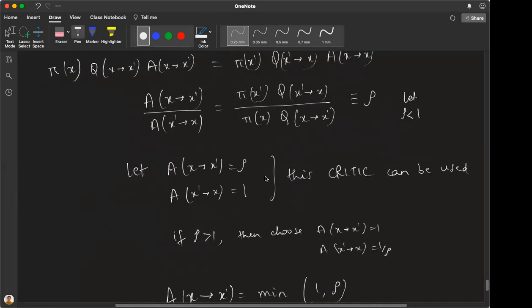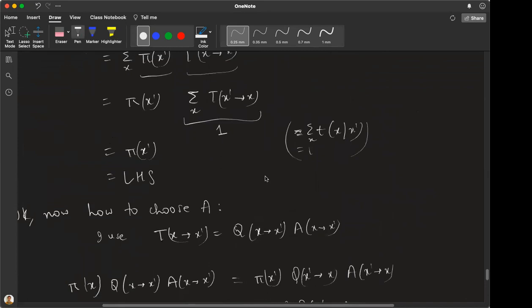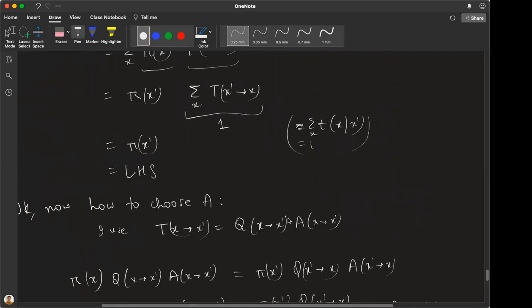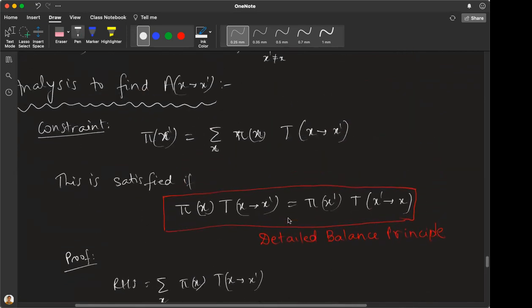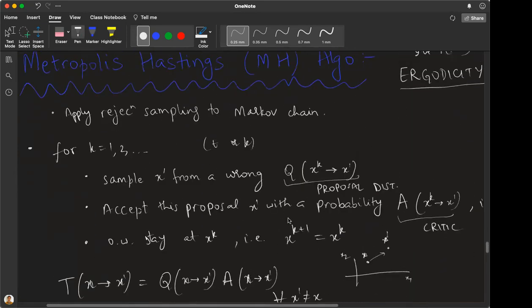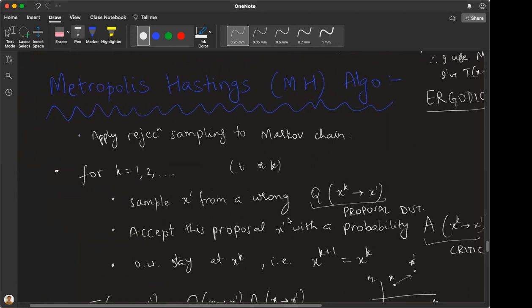Q is basically your proposal distribution, that is how you are transitioning from x to x prime. So what you have obtained is, I don't know the exact transition probabilities, or even if I know them, I don't have a way to sample from it.